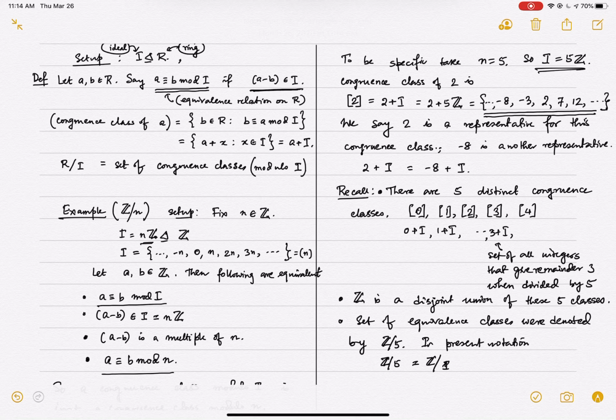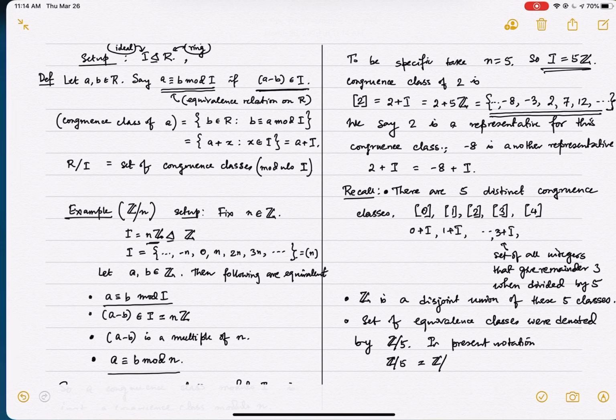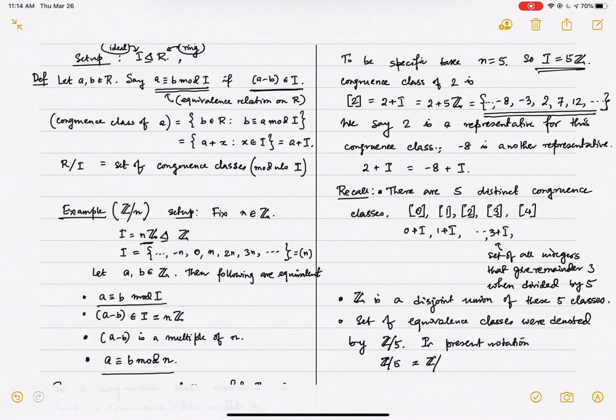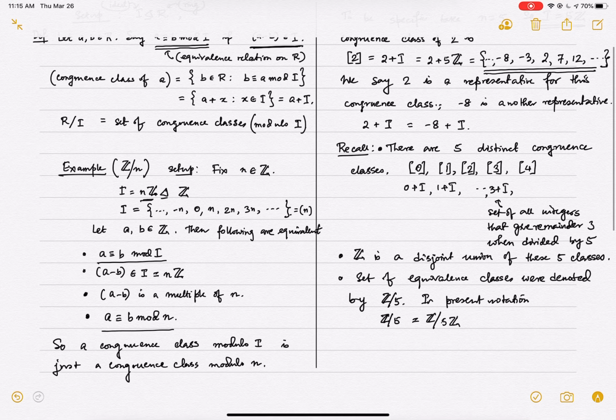So what we wrote as Z mod 5 should be written, in the new notation, as Z mod 5Z. Okay, so this is the set with 5 elements, the 5 congruence classes mod I.